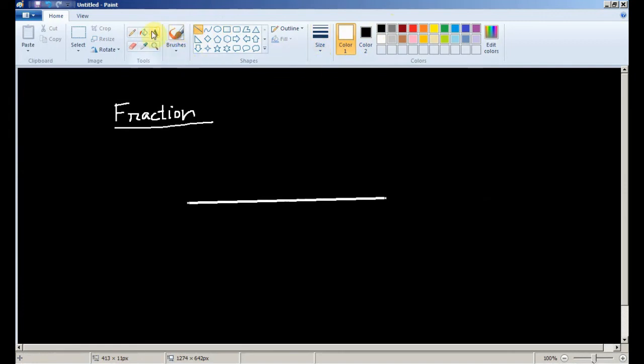So in this number line, this part is 0, and I can say this is 1 whole. This is 1 whole on the number line. Now I can divide it into equal parts. 1, 2, 3, 4, 5, 6. Now there are 6 parts.